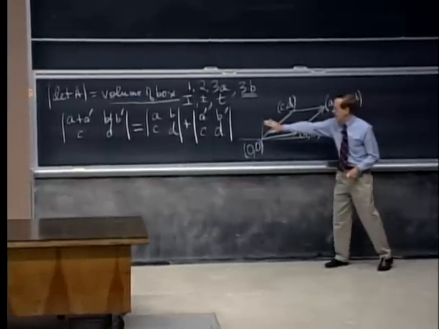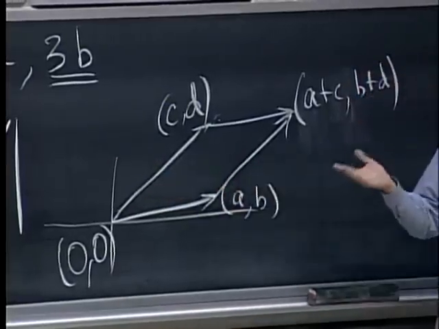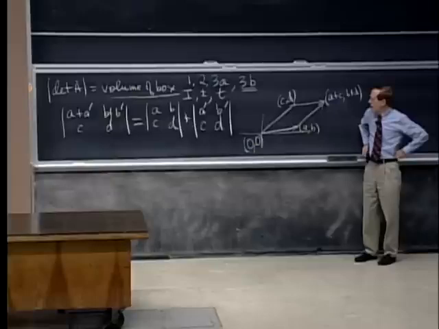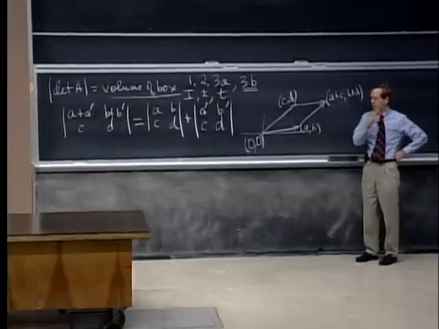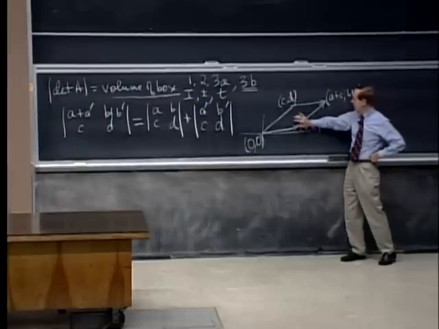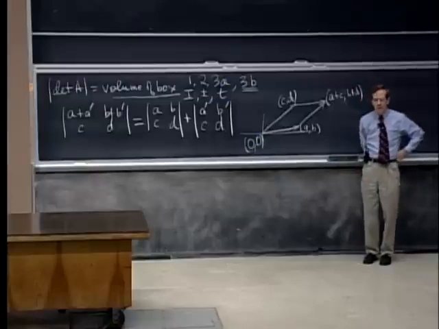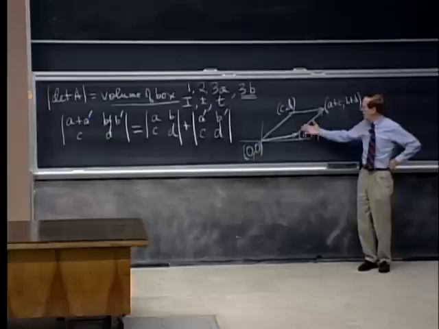I'm pausing on that proof for a minute just to go back to our formula, because I want you to see that unlike Cramer's rule, which I wasn't that impressed by, I'm very impressed by this formula for the area of a parallelogram. And what's our formula? What's the area of that parallelogram?